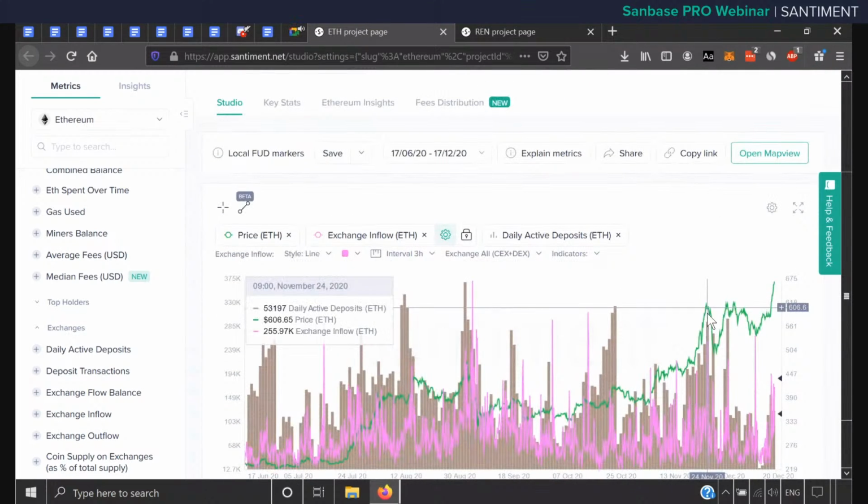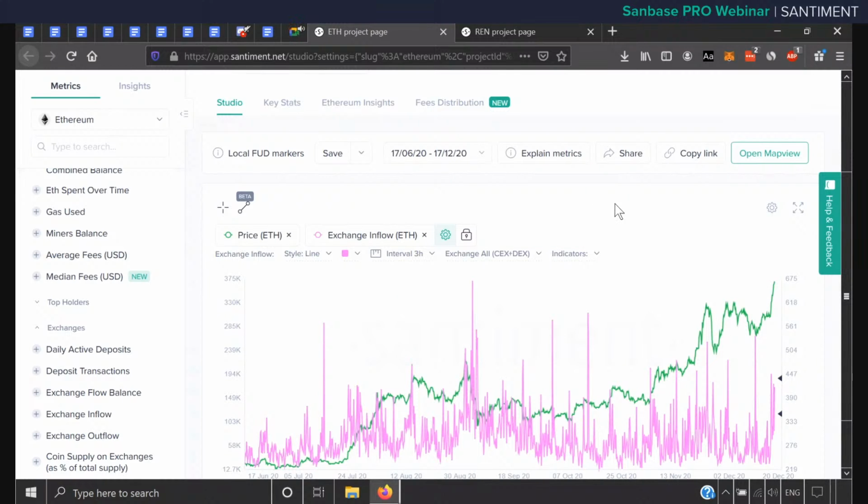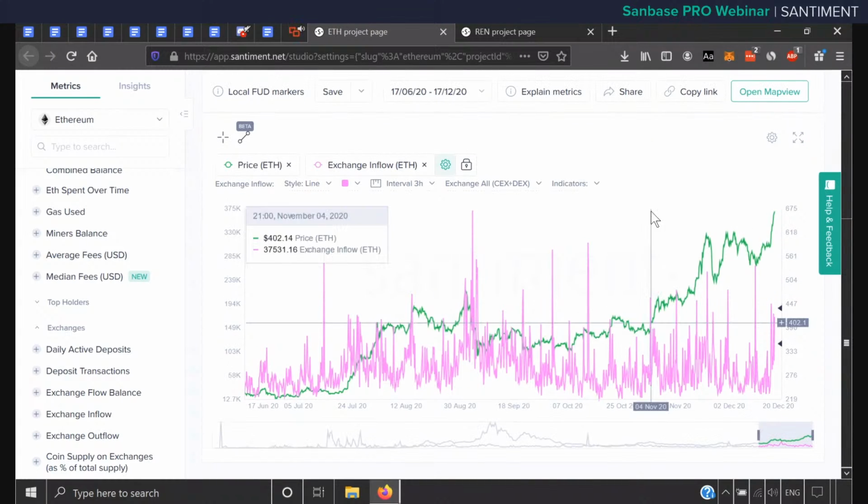Would you be okay with buying Ethereum at 615 if it was 507 5 days ago, right? Just consider whether this amount of sell-side pressure is going to be as easily absorbed as it would be somewhere around here.